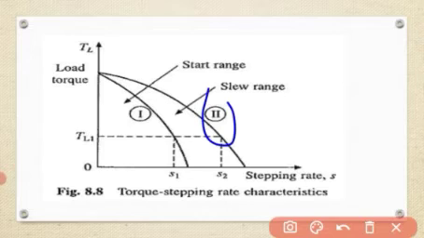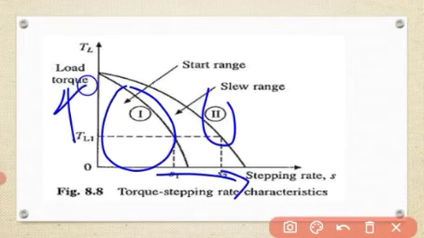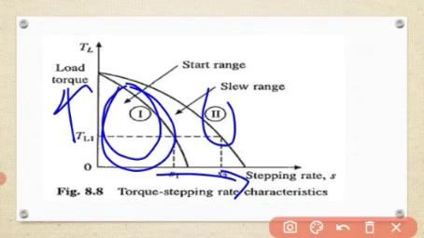If the values of load torque and pulsing rate are such that the point of operation lies to the left of the curve, then the motor can start and also synchronize without missing a pulse. The graph illustrates the stepping rates and the load torque. Within curve 1, we will not miss a pulse.